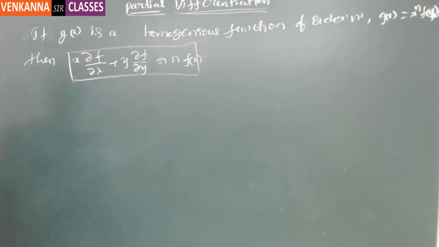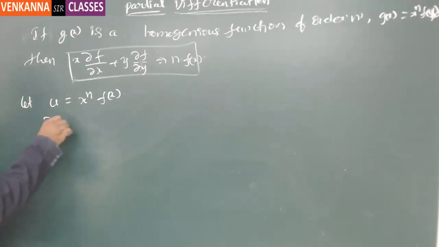Let u be equal to x power n into f of y by x. Then dou u by dou x, what is the derivative of this with respect to x?